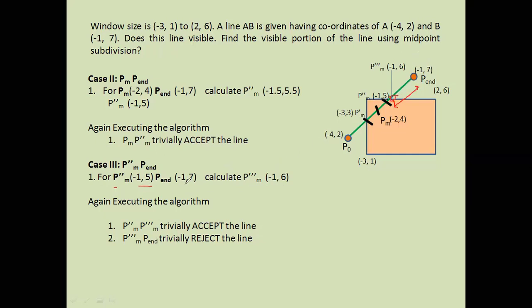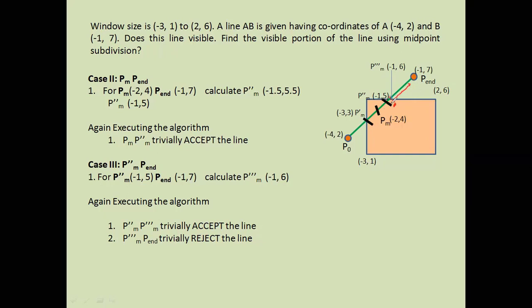We add these values, -1 plus -1 divided by 2, that is -1. 5 plus 7 is 12, 12 divided by 2, that is 6. So this midpoint you have come across. Now you have come up with two subparts, one part is this, another part is this.